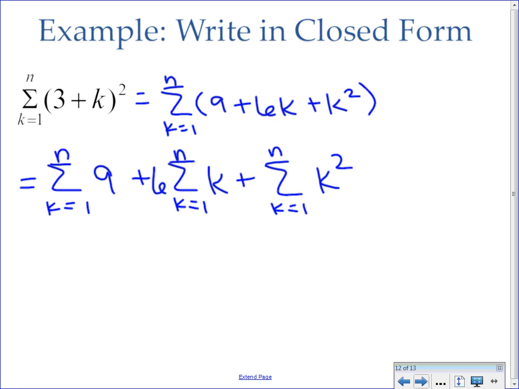Okay. If I sum up from 1 to n, 9, what do we get? 9n. We're gonna add 9 over and over and over and over n times. Multiplication is repeated addition. Right? Plus, here I have 6 times, I'm summing up k from 1 to n. Well, what's that shortcut?